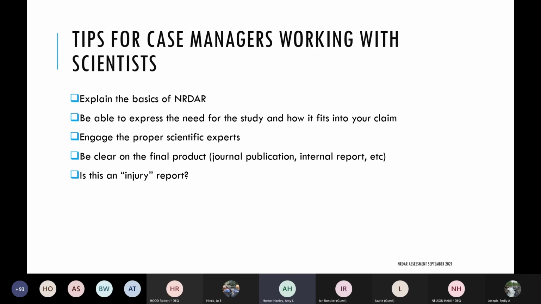However, if that university is a state university that has a very open Sunshine Law Act, you're going to need to think very hard about whether that's the right expert for your case, because so much of the work that we do initially is privileged, right? It's attorney-client privilege, it's work product privilege, it's generating data and interpretation for a potential legal case. And so maybe those two conditions don't match well with one another.